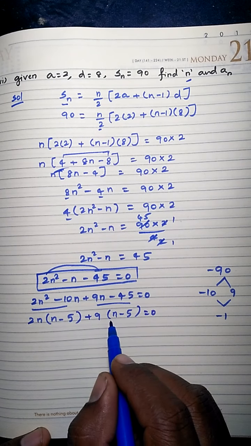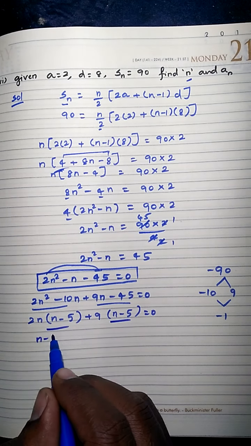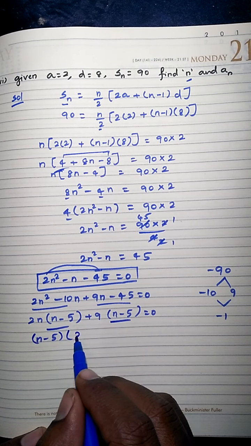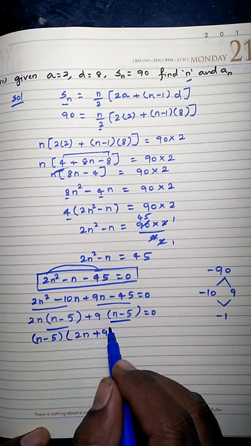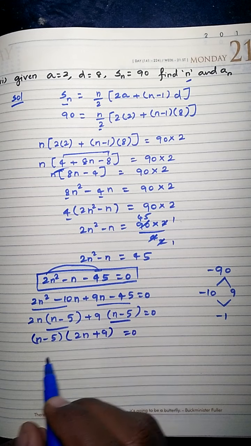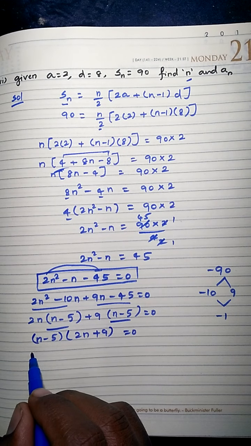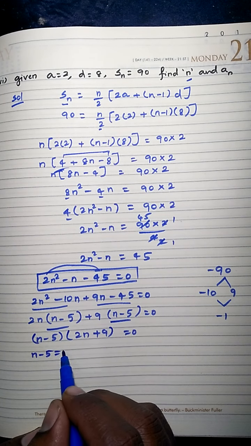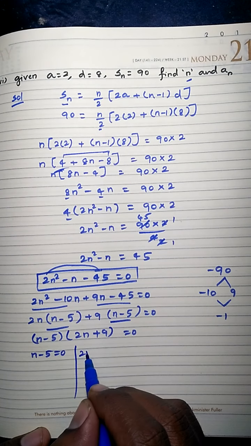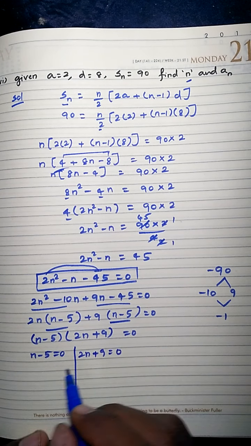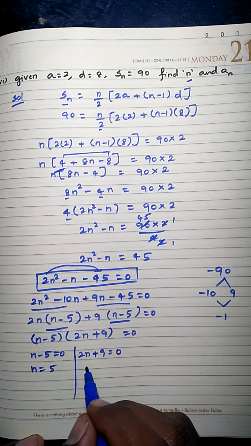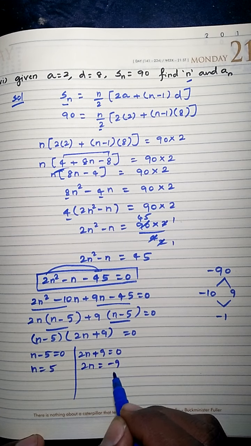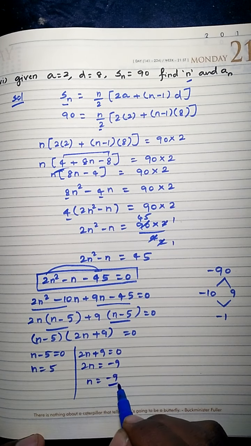Now you take n minus 5 common outside, then remaining you have 2n plus 9. So apply each factor equal to 0, n minus 5 equal to 0 and 2n plus 9 equal to 0. So n equal to 5, here 2n equal to minus 9, n equal to minus 9 by 2.